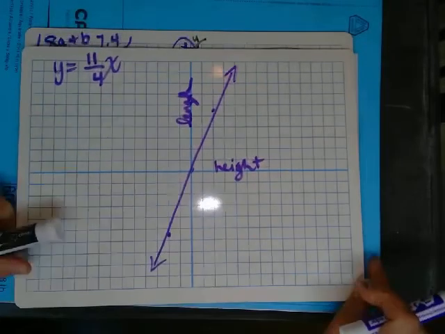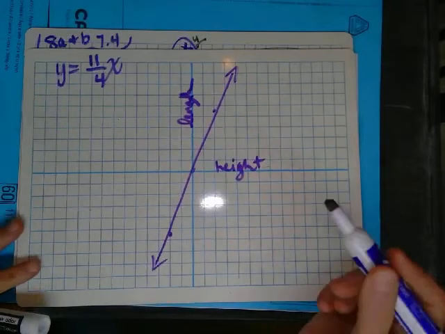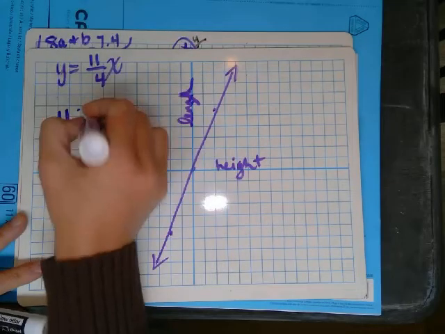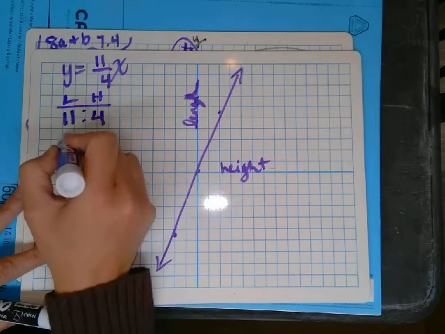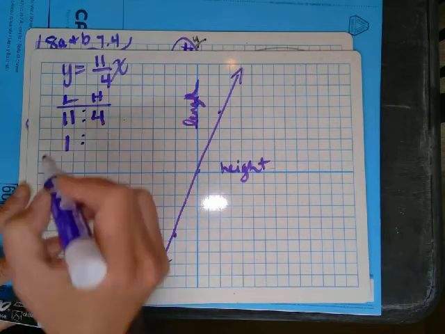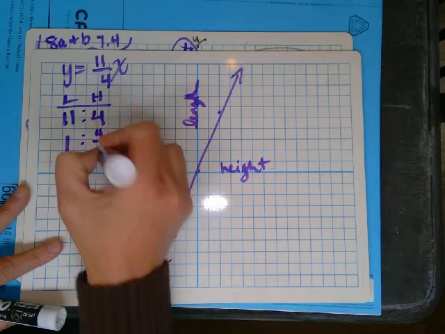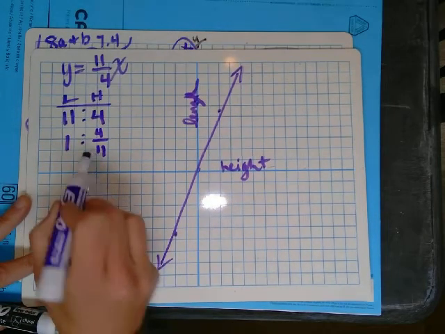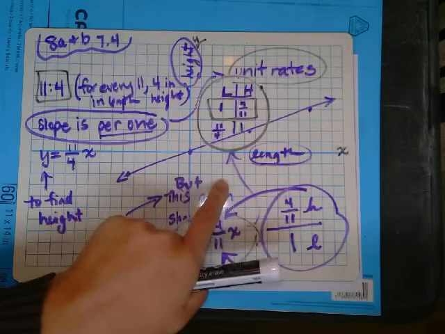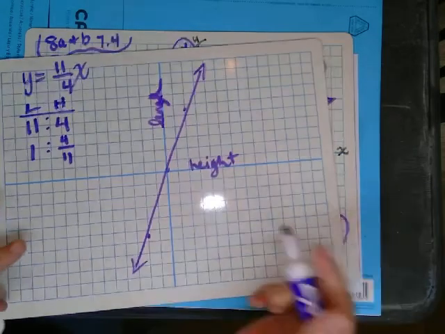And if we do that, look what happens. So again, our 11:4 ratio of length to height. So for every 1 length, we have 4/11ths in height. So for every 1 we go over in length, we go up 4/11ths. That's what we showed here.